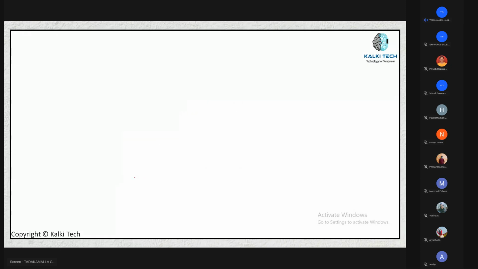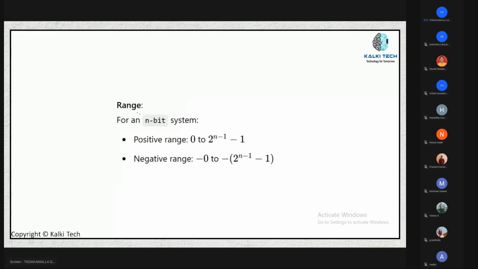Let's see an example for this. Before that, this is the range of an n-bit number, in an n-bit system. The positive range is from 0 to 2 power n minus 1, minus 1, and the negative range is minus 0 to minus 2 power n minus 1, minus 1. Here we have minus 0; this we will see in the disadvantage section.